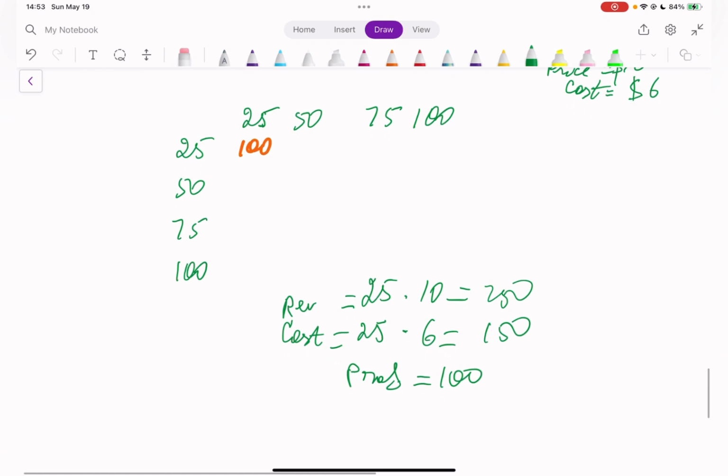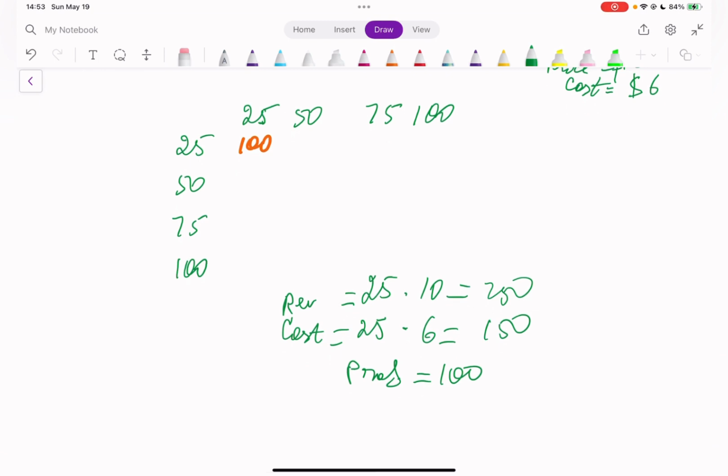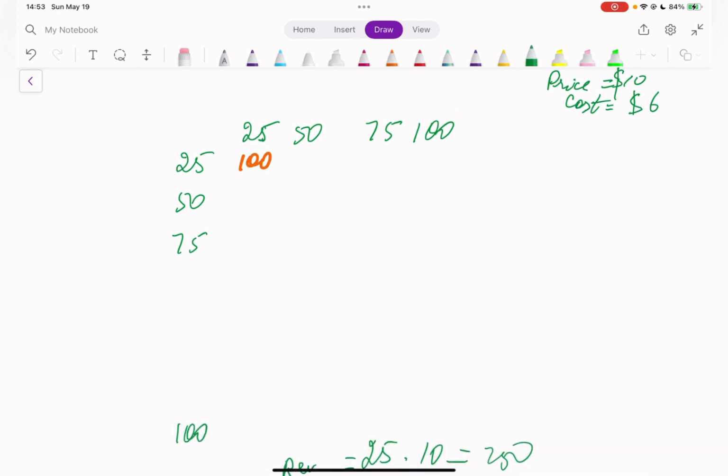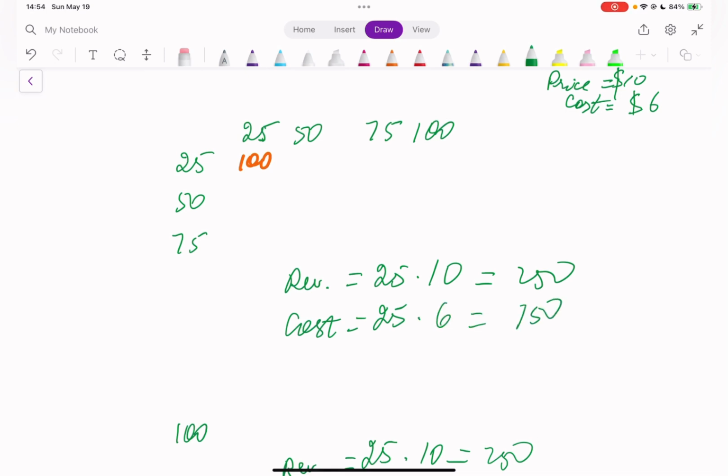Next, the 25 and 50. So demand is 50, supply is 25. Revenue is based on what we can provide, only 25. 25 times $10 per piece is 250. And cost is, since demand is 50 but we can give only 25, 25 times 6, 150. So same profit, $100.